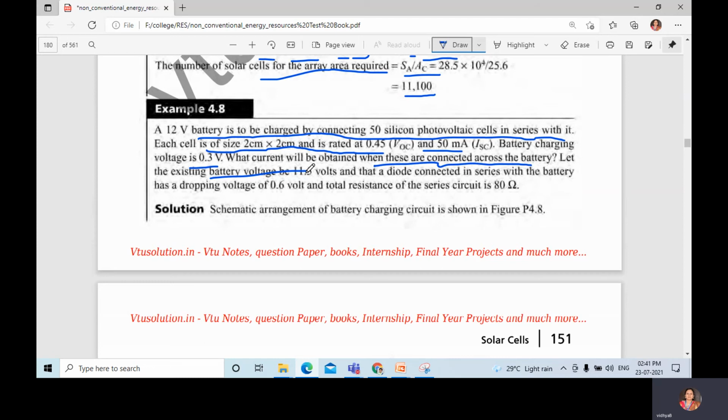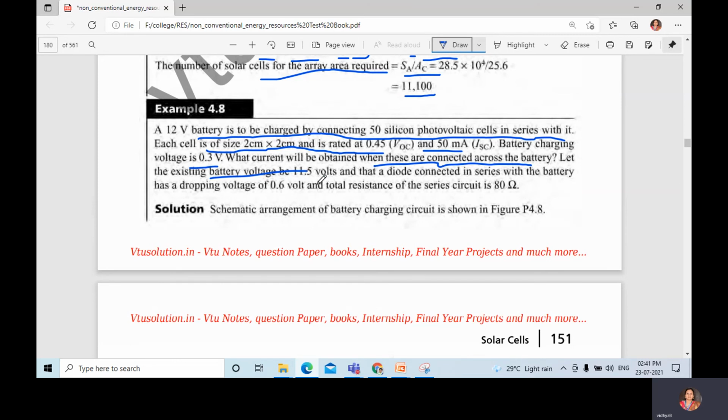Each cell has a size of 2 centimeter into 2 centimeter, its rated voltage is 0.45 and its current is 50 milliamps. Battery charging voltage is 0.3 volt.